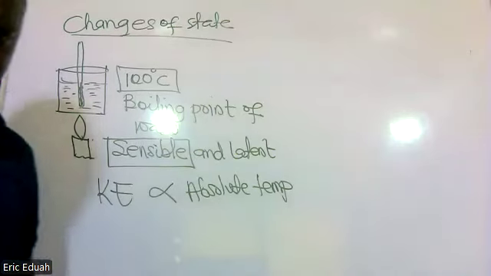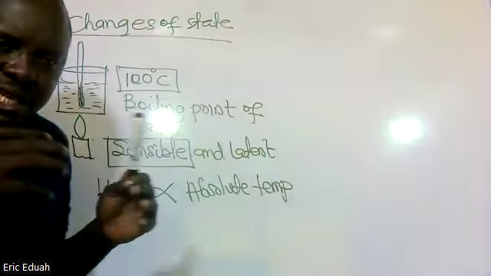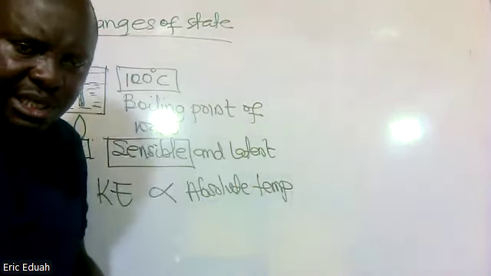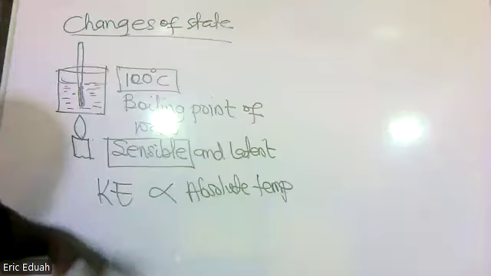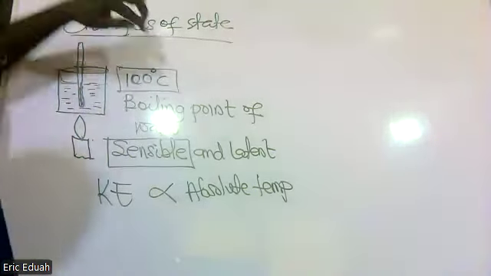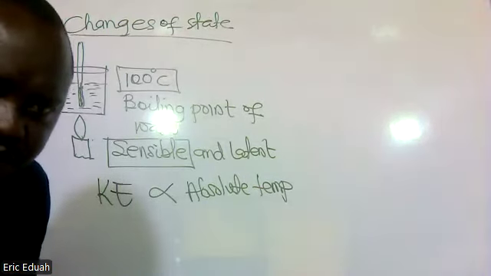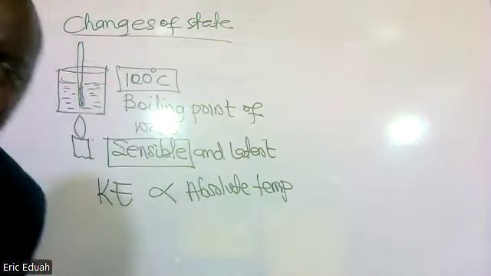Now, latent heat. The substance absorbs heat energy and then its temperature changes and gets to maybe the boiling point. Let's take water as an example. When it reaches this temperature, which is known as the boiling point, the temperature will not change again.